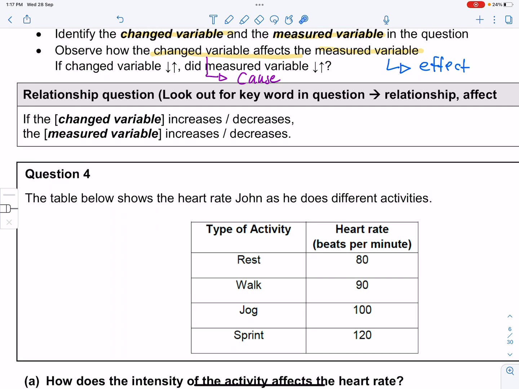I'm going to tell it to you right now from the start, teaching forward again. If the change variable increases or decreases, the measured variable remains constant or remains unchanged. That is the third one that is not here. Okay, to remain constant means remain unchanged. No change. Okay?